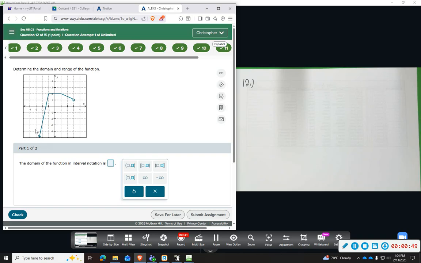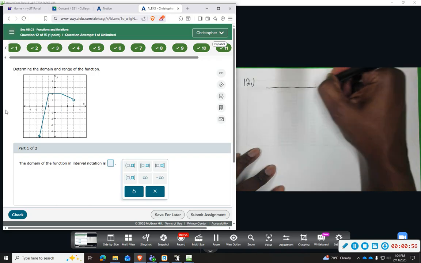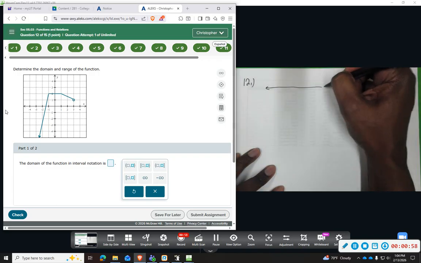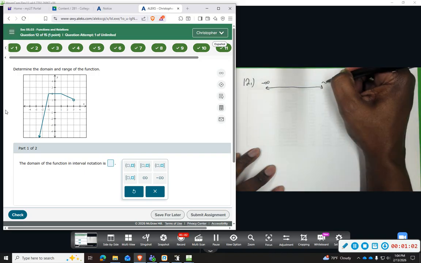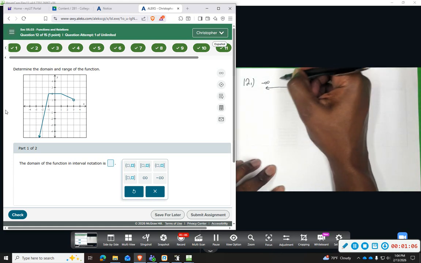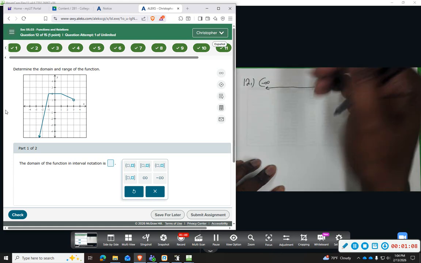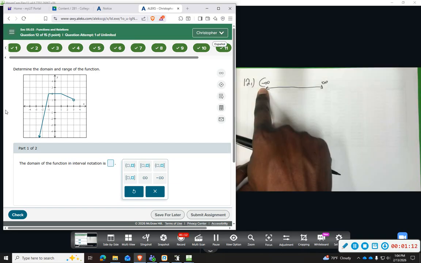And because of the arrowhead, it means it's going to continue going left forever and ever. So on the number line, the x-axis is going left and right, from negative infinity up to positive infinity. Now, this graph has an arrow indicating that it's going to go all the way to negative infinity. So on the left-hand side, negative infinity is going to be the end point.